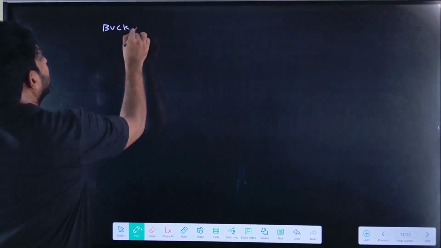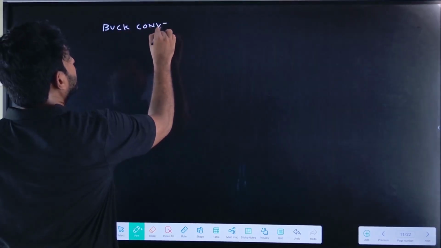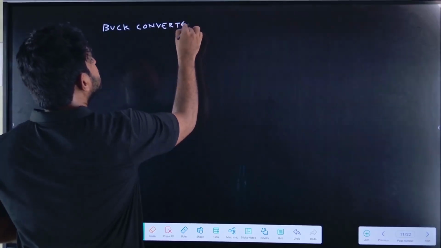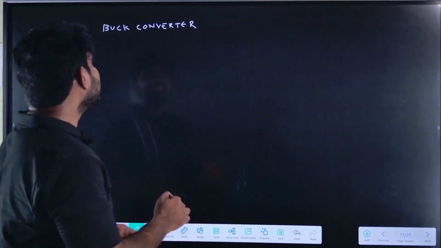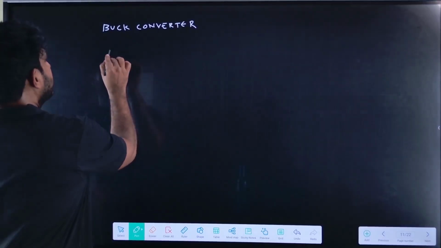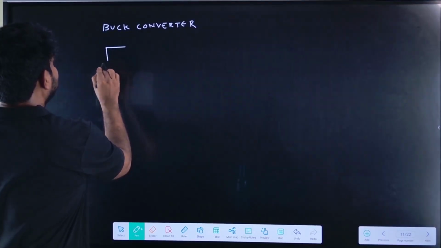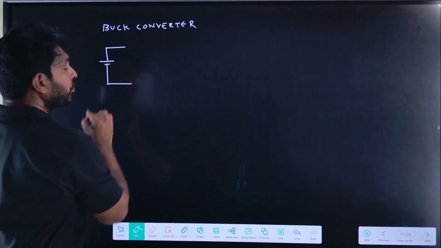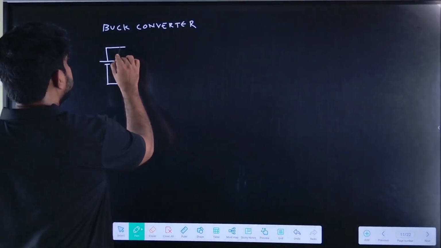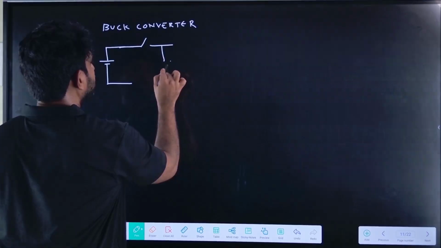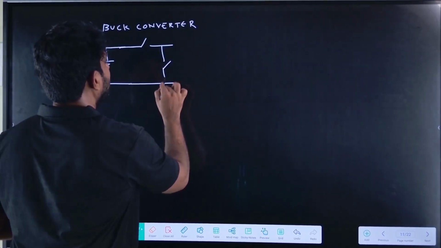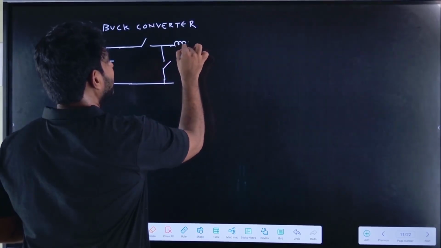Let me draw the buck converter. What is a buck converter? If the inductance is connected on the load side, I need to connect the inductance on the load side. The series switch should be here, the shunt switch here, and the inductance is connected here.